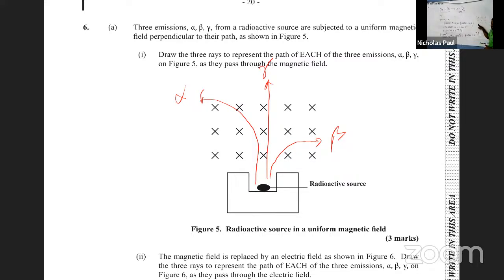Your magnetic field is X, so that's going in. This is moving up, so I turn it upwards. Therefore the force is that way. So it looks like this. Are you okay with that? So the alpha particle will experience a force going to the left. And if you figure out alpha, then beta will go this way, gamma will go straight through.